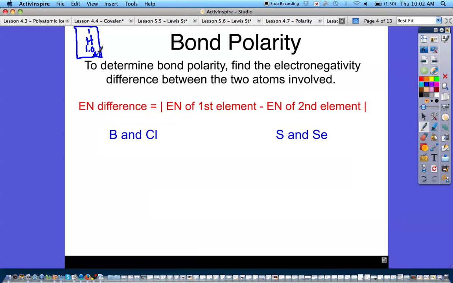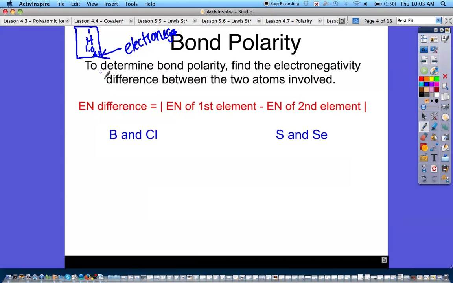Hydrogen here is 2.1. This small number is the electronegativity.